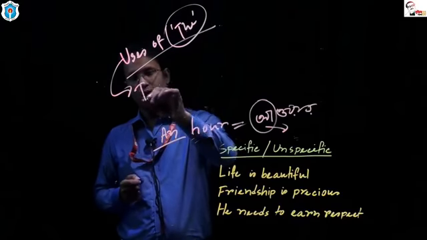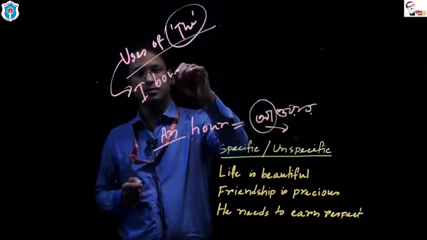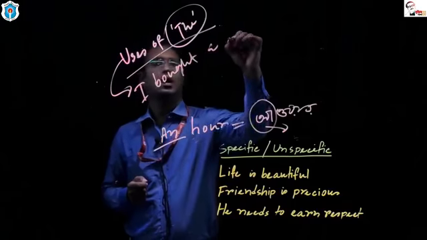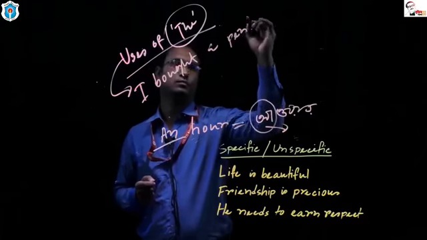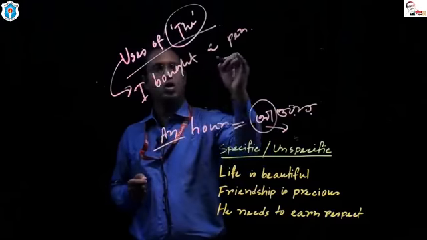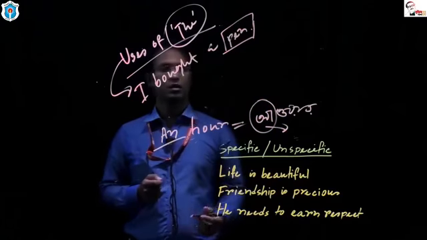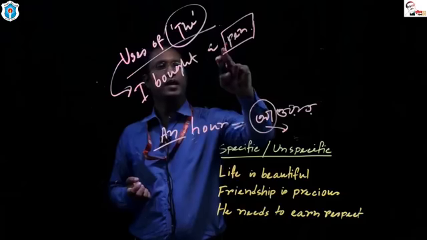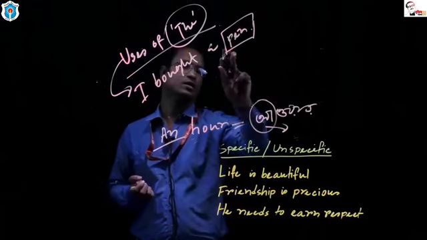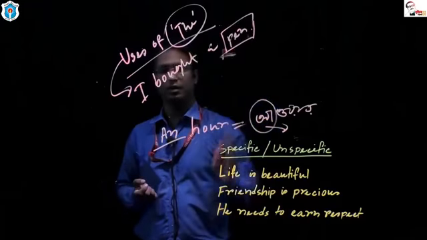Suppose I bought a pen, which I told you before. I bought a pen. This pen is unspecific because this pen has no further identity. That's why it is unspecific.